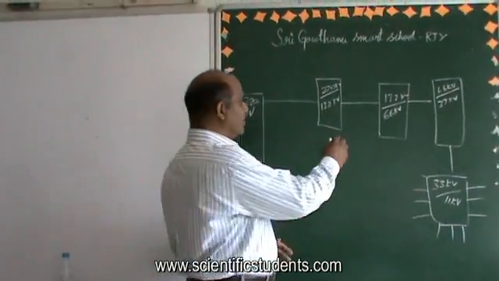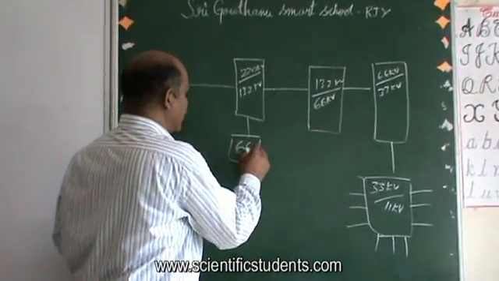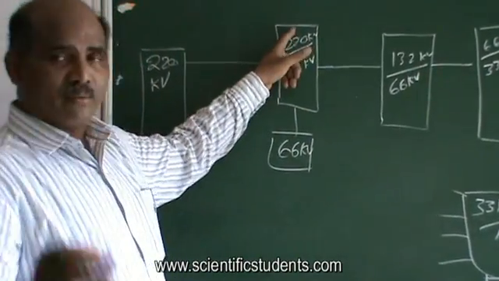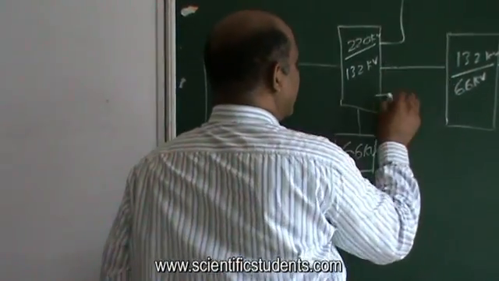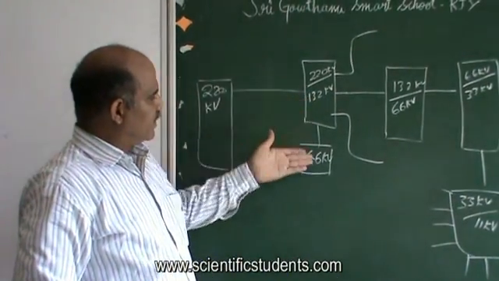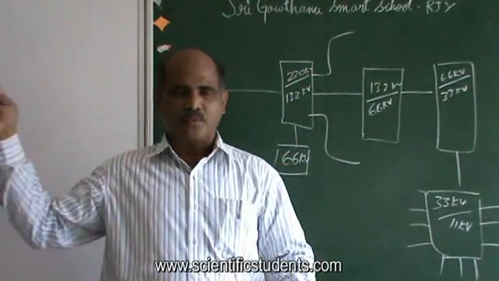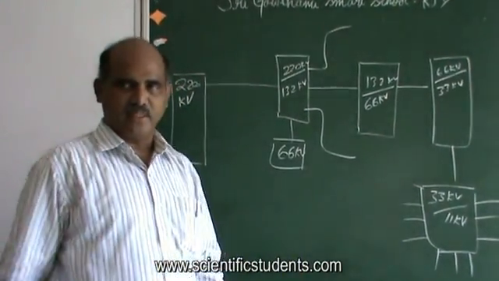And there in Bomur, they also have another step down to 66. 220 comes to Bomur and gets divided for 132, and from one particular transformer they feed 66 to Rajahmundry, because there are 3 or 4 66 by 33 kV substations in Rajahmundry.